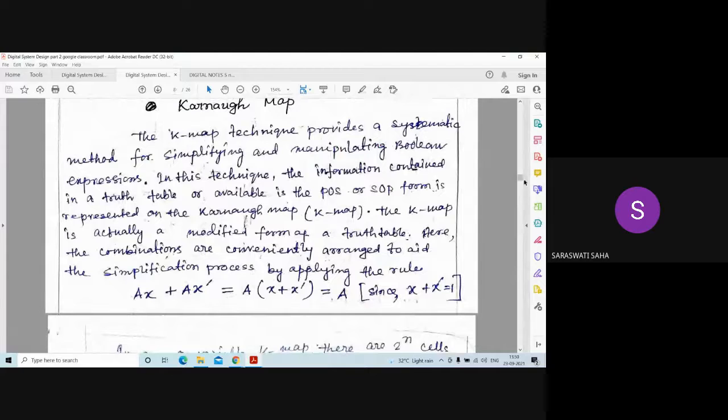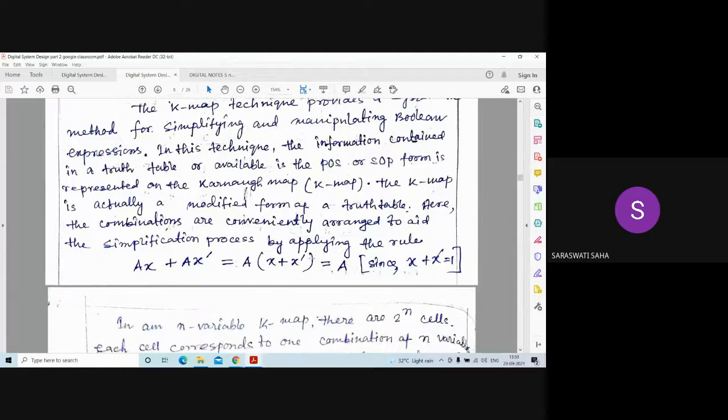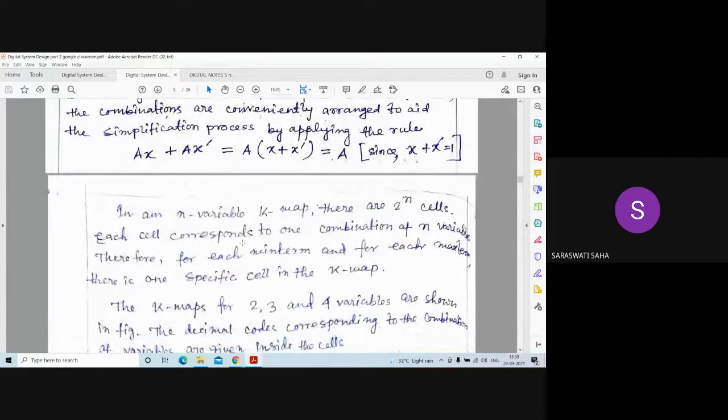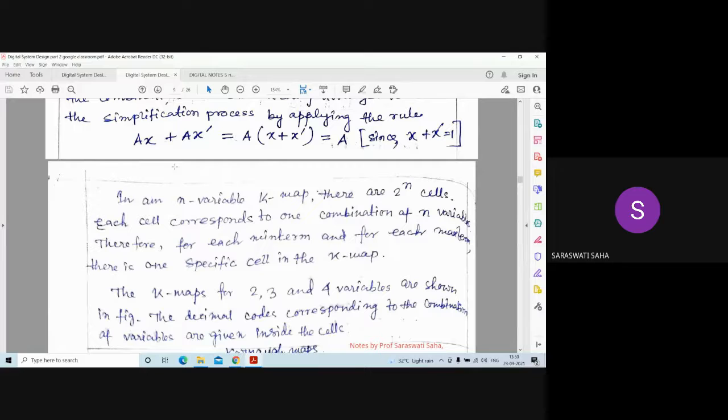This is Carnot map. I have already discussed the rule of solving the Carnot map. Why are we taking the gray code here instead of normal binary code? Because we are using Boolean rules.